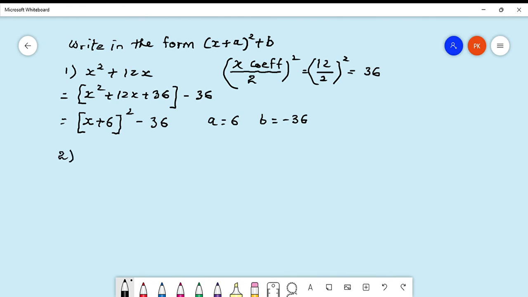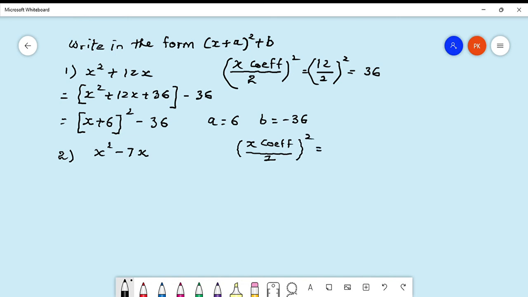x square minus 7x. I want to make the complete square of this expression and write it in the form x plus a the whole square plus b. So here, take the x coefficient, divide it by 2 and square it.